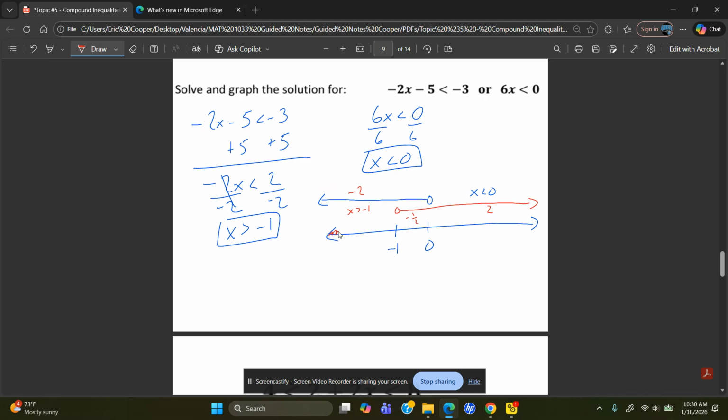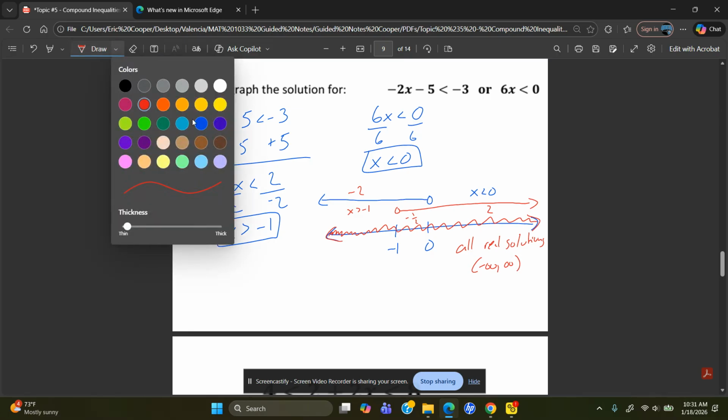So this is an example where we would shade everything. And in this case, our answer would be all real solutions. Any number would work. And remember, in interval notation, we represent that as negative infinity to positive infinity.